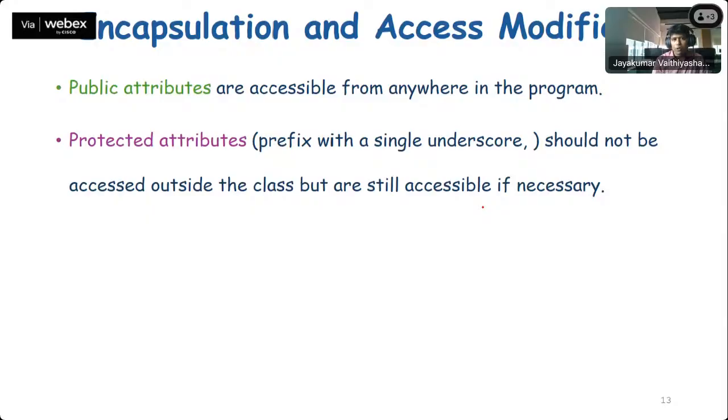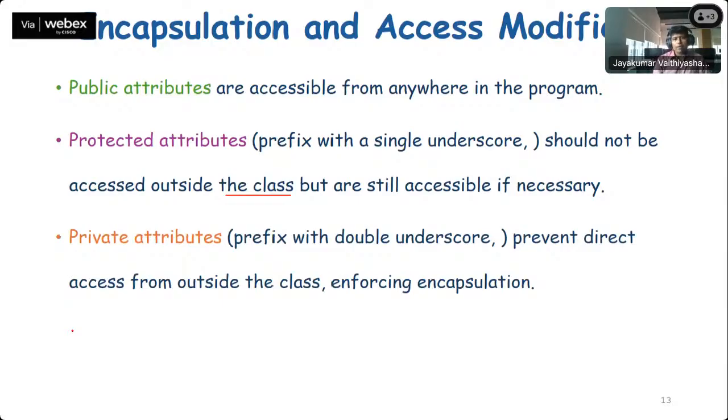If you are inside the class, you are able to access them, but outside you should not. Here we are putting some restriction. Private attributes prevent direct access from outside the class, enforcing encapsulation. Encapsulation can be implemented at different levels according to the attribute's nature.